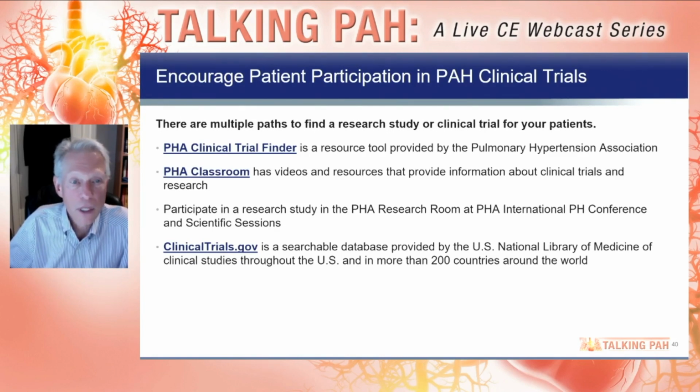Same with the PHA Classroom, which is very good and loaded with information. I think for those patients who really want to think about clinical trials, obviously clinicaltrials.gov is a huge database of all the clinical trials that are out there throughout the world. And I think that's probably your best place as a provider to find the best trial for your patient.